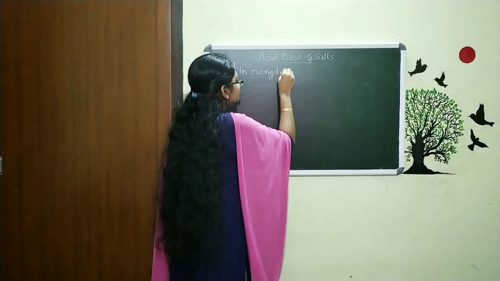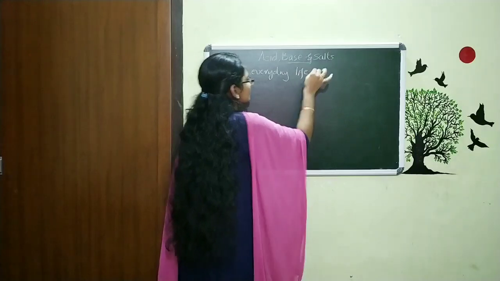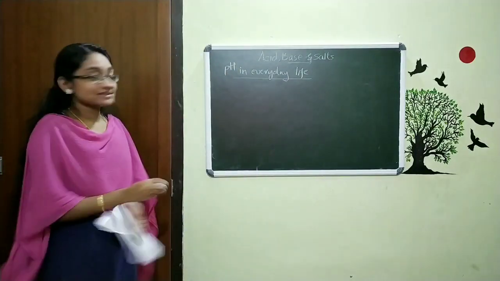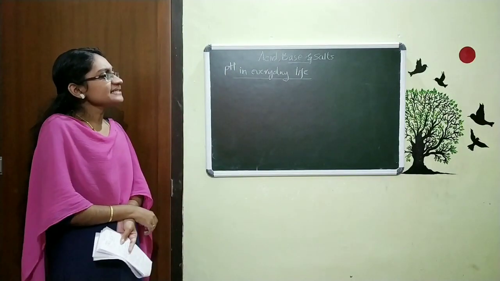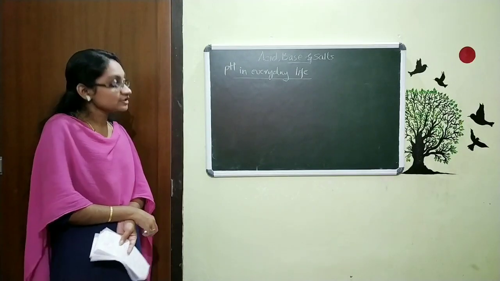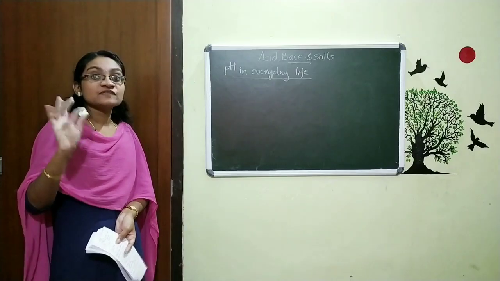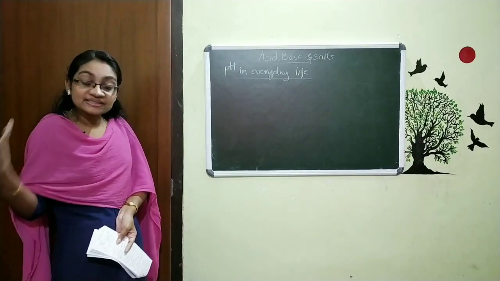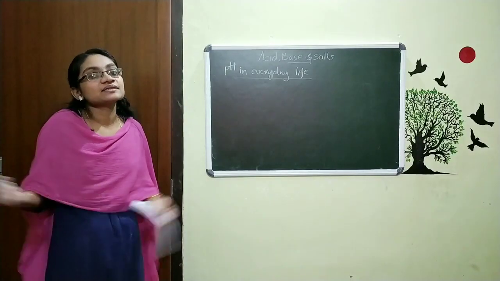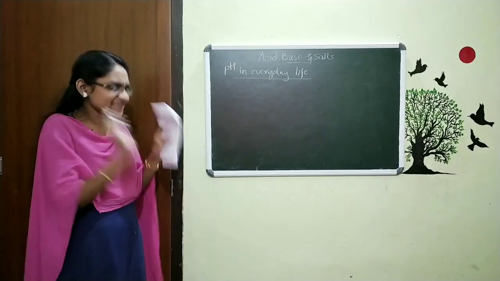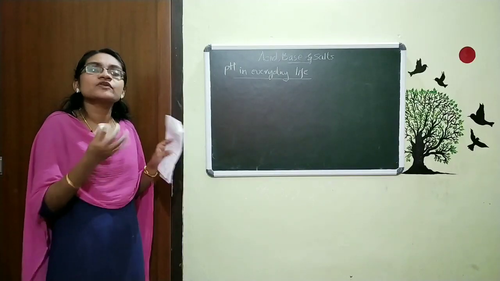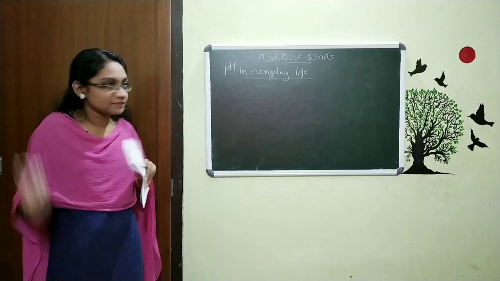What it means is that in our everyday life we want to check the pH. That means in our daily life the acidic or basic attack is coming in our life, or this acid or base is having a certain role in our life. That is the thing mentioned here.